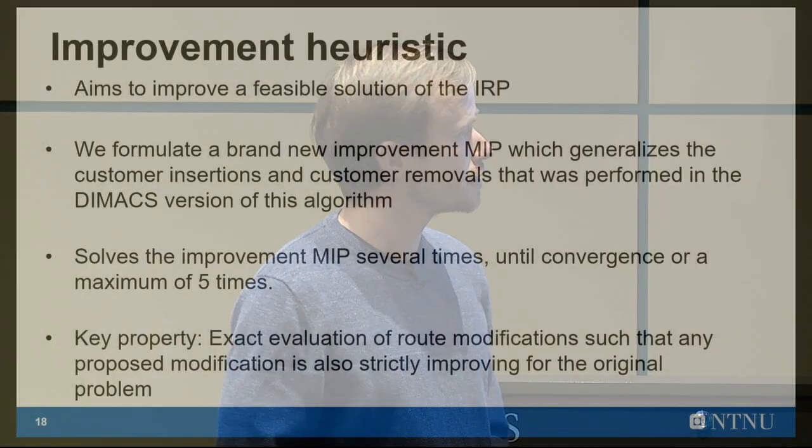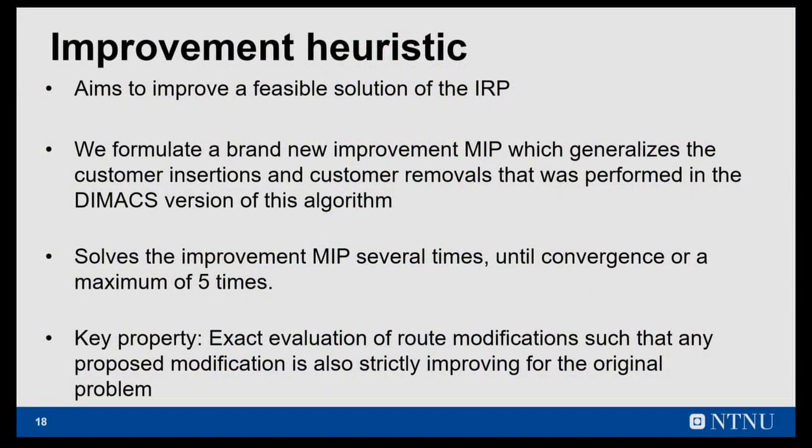And now we get to the interesting part, which is the improvement heuristic. So the biggest improvement since the challenge is to come up with a brand new formulation that generalizes customer insertion and customer removals from the initial route pool, let's say.